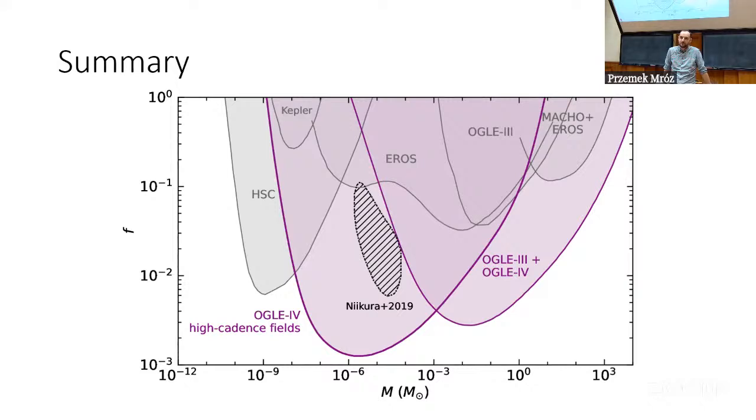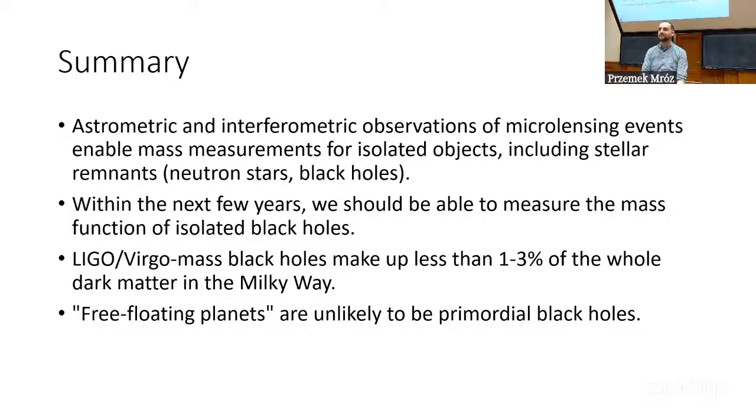And this, of course, microlensing could easily detect, as we have heard, in the coming years. So there is a way to close this window, even for these super tiny primordial black holes.